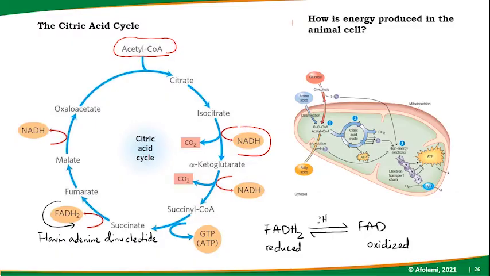It happens in the matrix of the mitochondrion, and through the TCA cycle or the citric acid cycle, the body generates these high electron carriers, NADH and FADH, and the high electron carriers are precisely what is used to generate ATP later on in the electron transport chain.